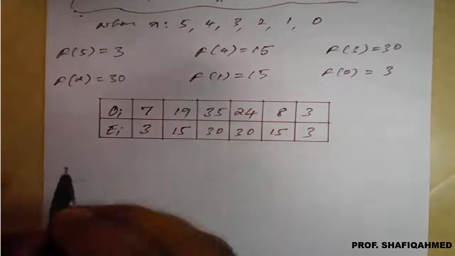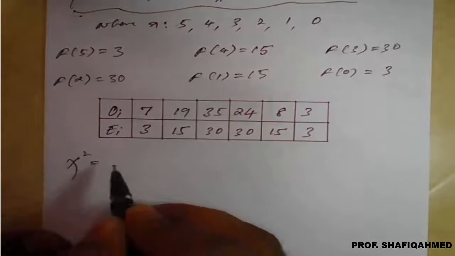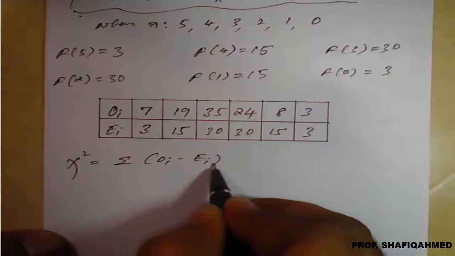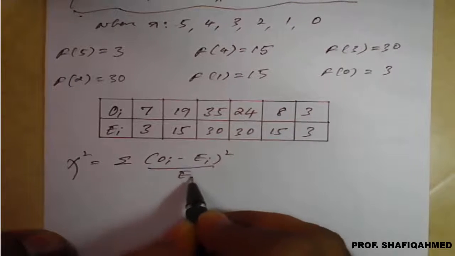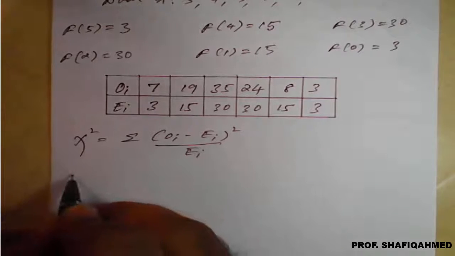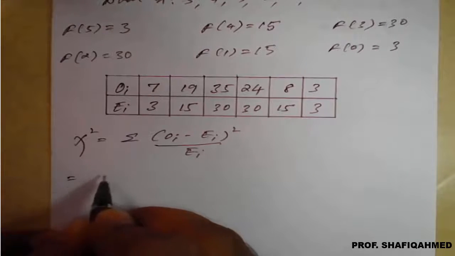As we know, chi-square is given by the summation of (Oi minus Ei) whole square divided by Ei. So we need to see this in detail, that is, the values we need to enter.